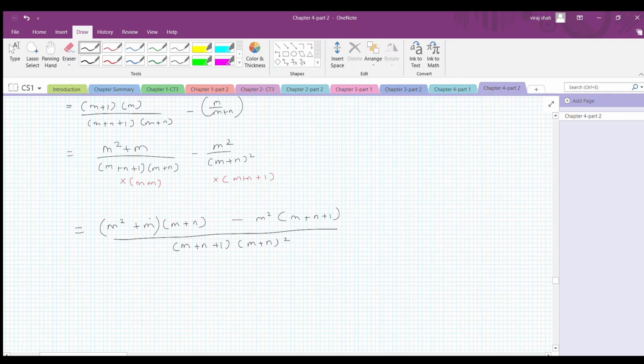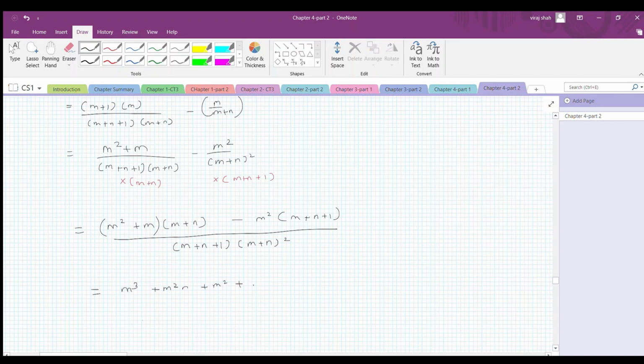I'll get my value as nothing but m cube. m square into m is m cube. m square into n is m square n. Similarly, m into m is m square and m into n is nothing but mn.